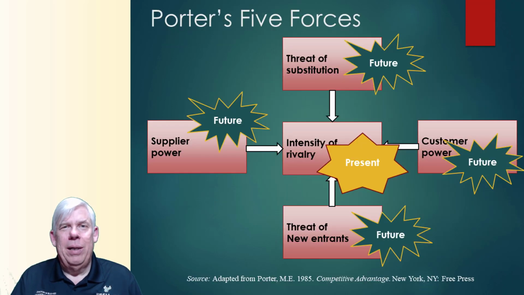Our second model is the familiar Porter's Five Forces model. And this model basically looks at the potential of a particular industry to generate oversized profits. And the first force is the intensity of industry rivalry.